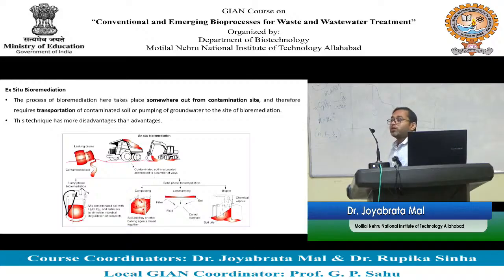Suppose you are dealing with radioactive waste, so carrying radioactive waste is a very, very serious challenge. If you have any leakage, accident or spillage, it can cause serious damage to the environment and the people as well.